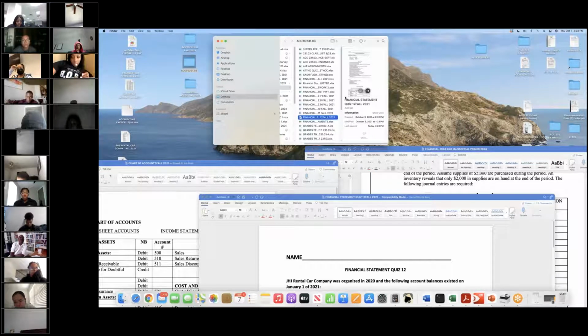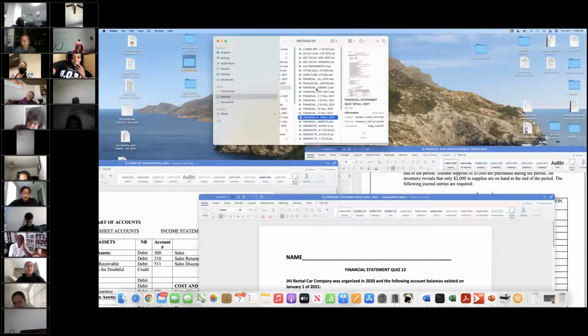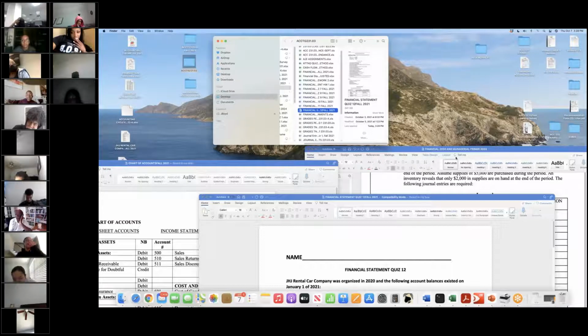Mm-hmm. Let's see where it is. I had the same issue. I made it all the way to the balance sheet, and then it kind of got messed up. It wouldn't balance. I tried different ways. I thought I had done my journal entries wrong, so I tried it different ways and it still wouldn't balance out.